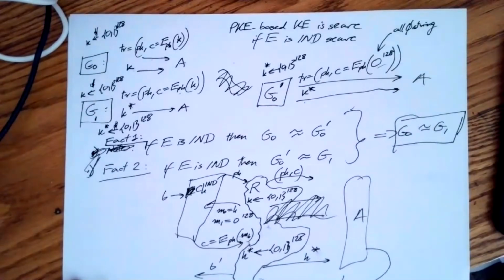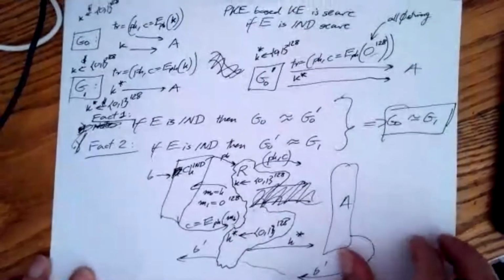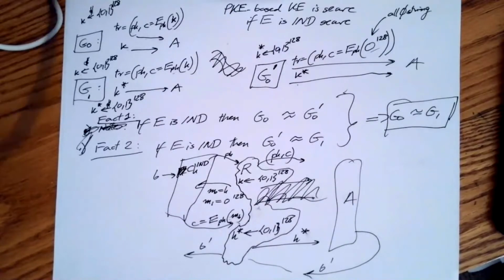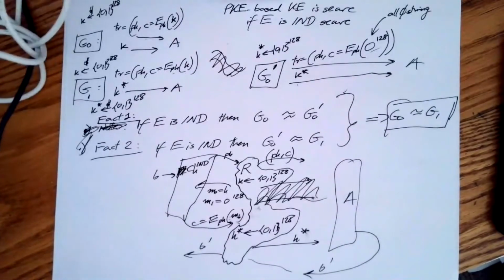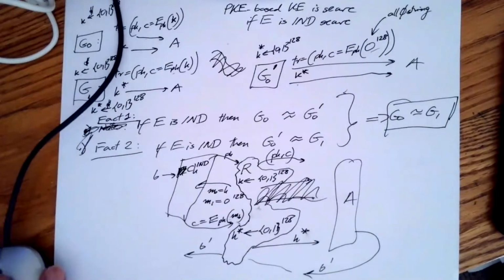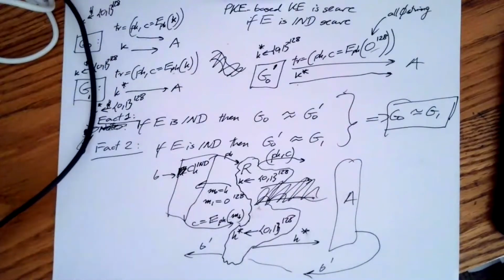And this is what we wanted. Okay, so this is why this is true, right? That indistinguishability of encryption implies this. Any questions on this stuff?